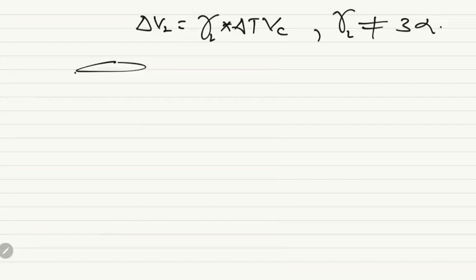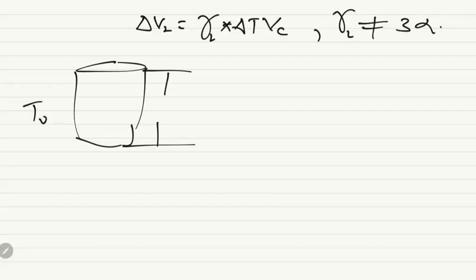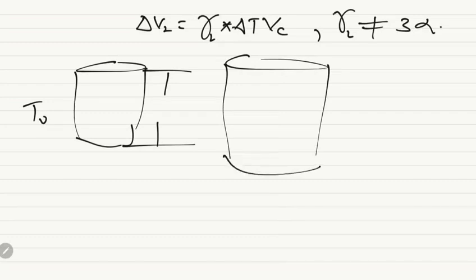Now you have a certain volume of a container. When you heat this object, you are going to get some change in volume. So if this is the total change in volume, I can divide the change in volume. Initially it was maybe here.